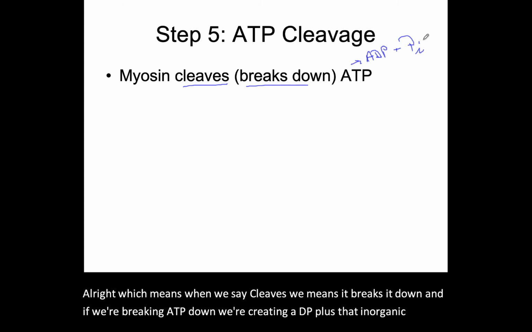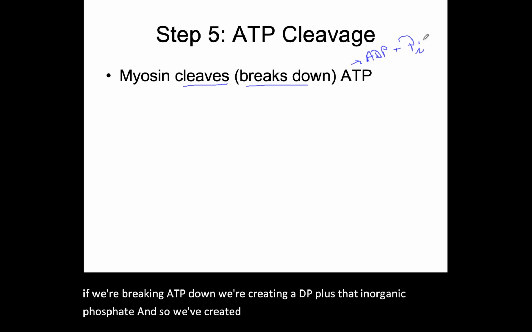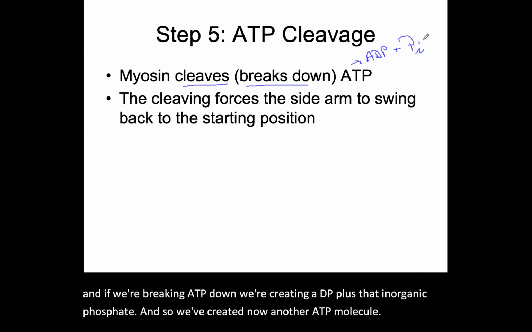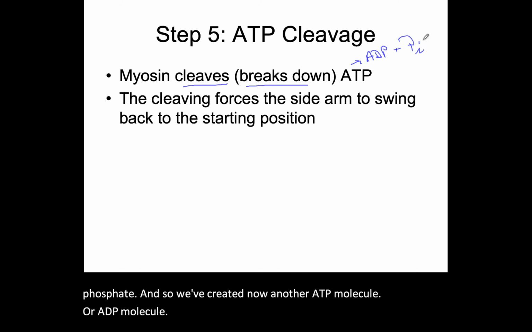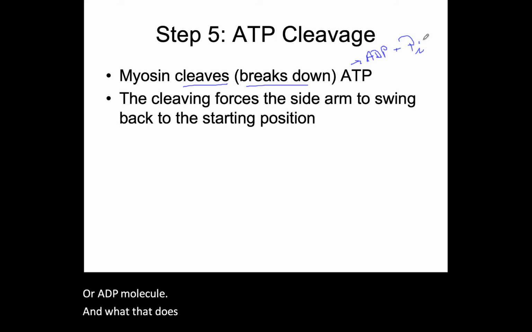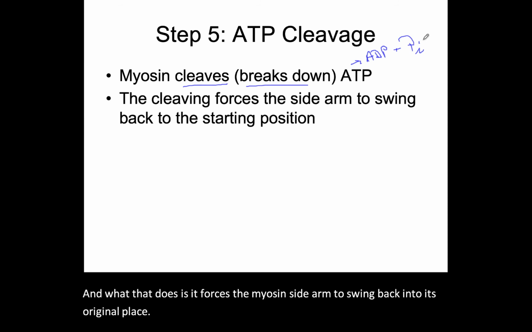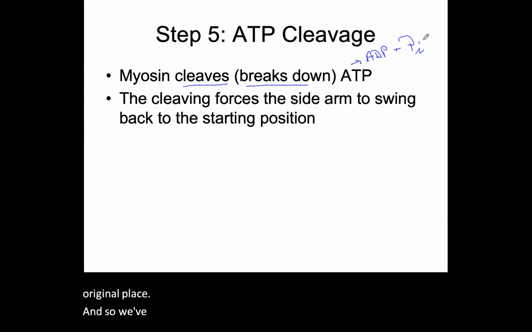And what that does is it forces the myosin sidearm to swing back into its original place. And so we've reset the myosin sidearm back to its original starting point.